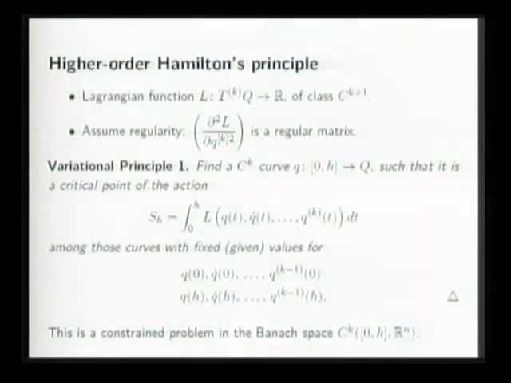So you have your variational principle, which is to find a C^k curve, you need derivatives up to order k, defined on this interval [0,h], which is a critical point of this action, with fixed values for the curve and its derivatives up to order k minus 1 at 0 and h. You can think of this as a constraint problem in the space of C^k curves on R^n.